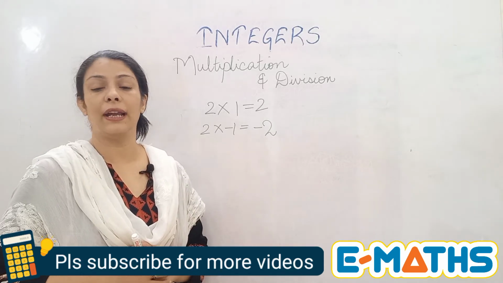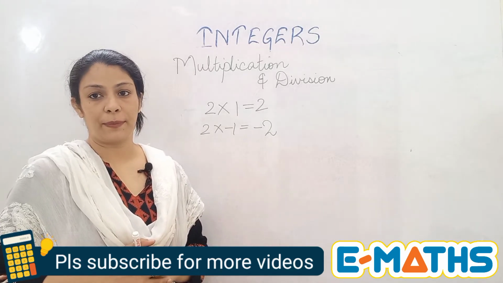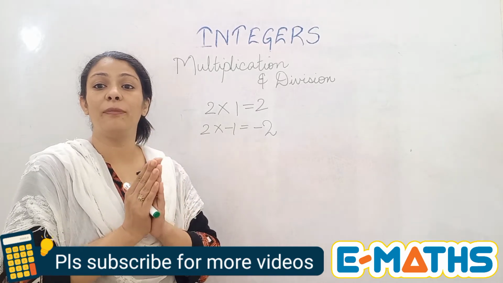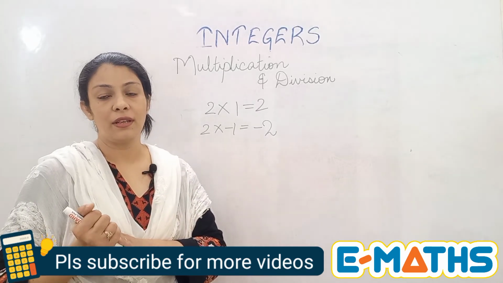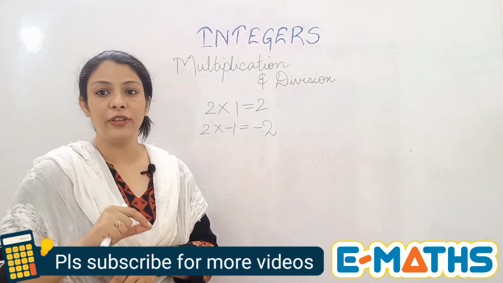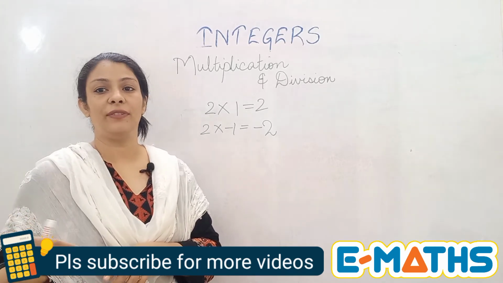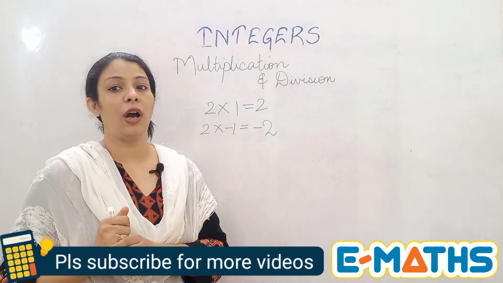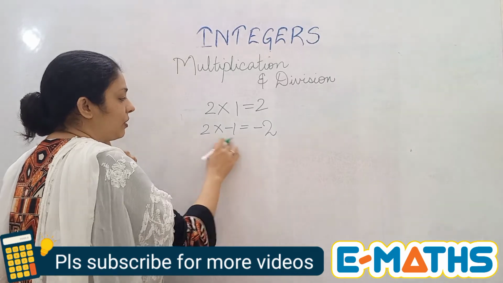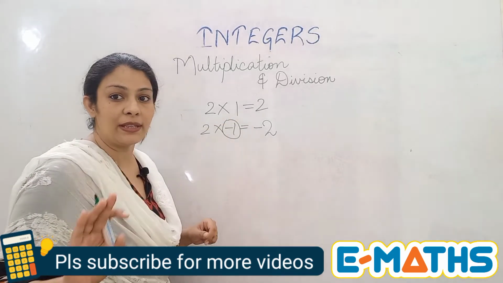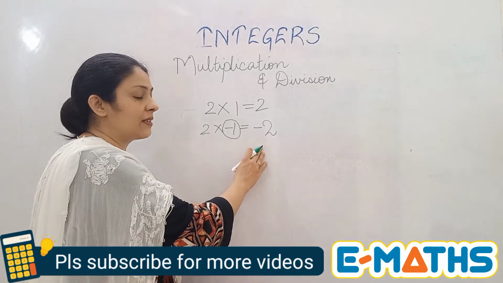It doesn't matter at all in multiplication. Remember the one thing, that if you have an odd number of minus signs in the question, your answer will have a negative sign. And if you have an even number of negative signs, then your answer will be positive. I'll tell you how to count them. Here there was only one negative sign, that means 1 is an odd number and we have written our answer in negative.